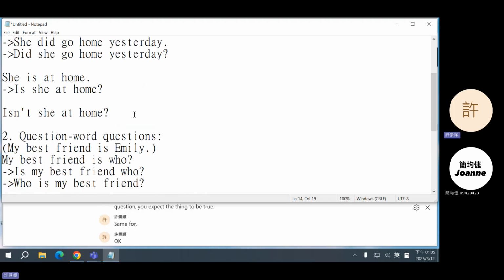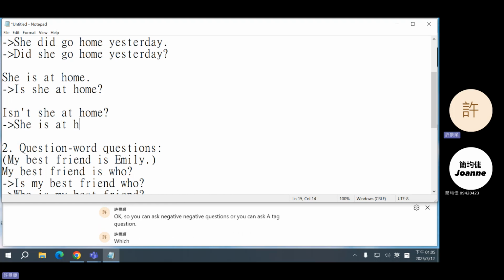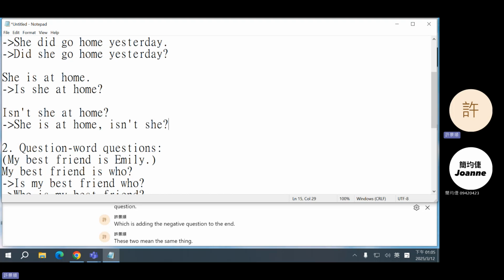Okay, so you can ask negative questions, or you can ask a tag question, which is adding the negative question to the end. These two mean the same thing. You expect her to be at home. Now, in both of these examples, we have actually moved two words to the front here and also here.